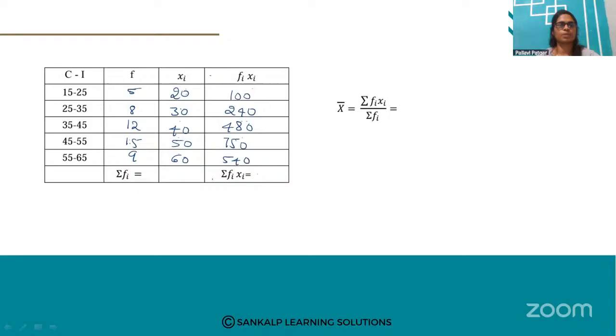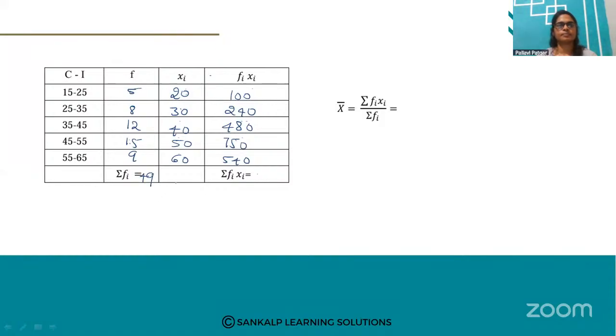Okay, so summation of fi is 5 plus 8 plus 12 plus 15 plus 9, which is 49.